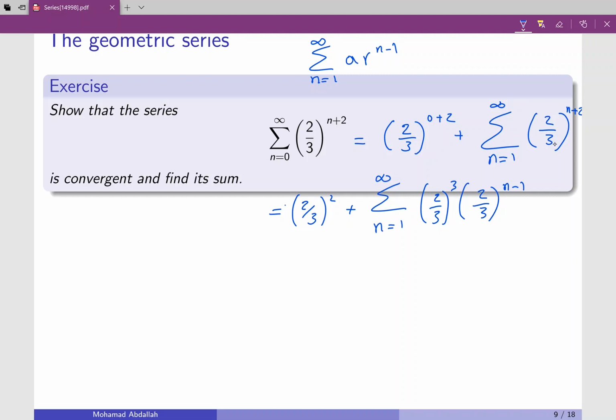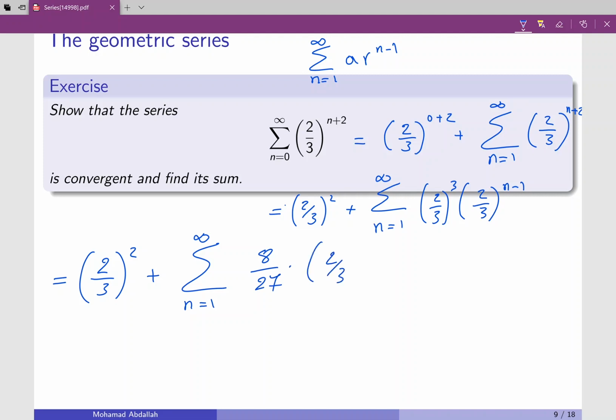So now I have 2 over 3 squared, plus the summation from n equal 1 to infinity of 8 over 27. This is the value of a, multiplied by 2 over 3 to the power n minus 1. This looks exactly like the one that I have. This is a, this is r. r is equal to 2 over 3, which is less than 1. This means that the series is convergent.